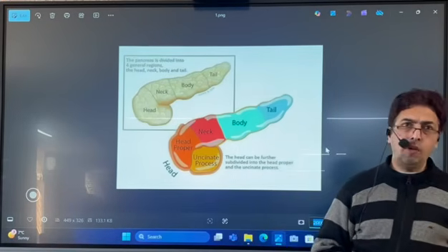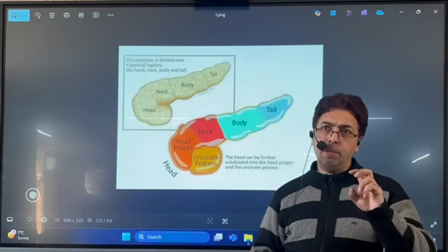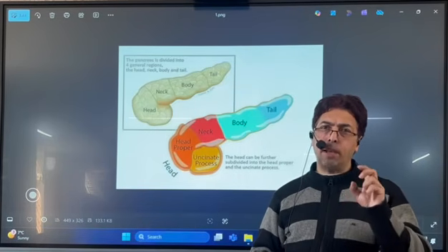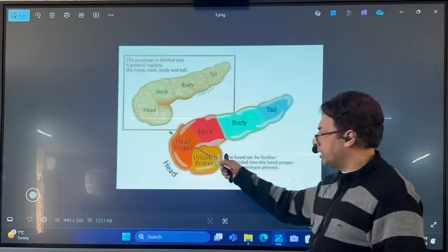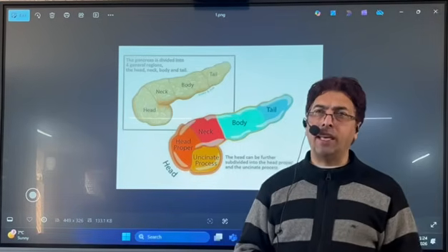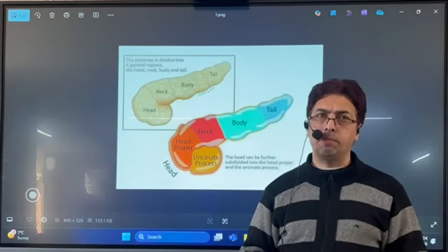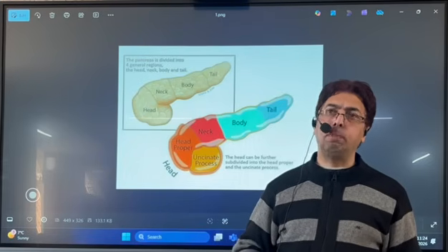That's it. Now, an important fact is that, from right to left, on the right side the head of the pancreas is related to the concavity, the C of the duodenum. Very important. And the tail is related to the spleen.